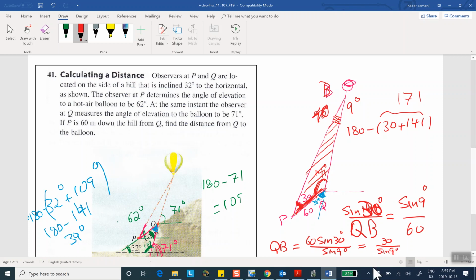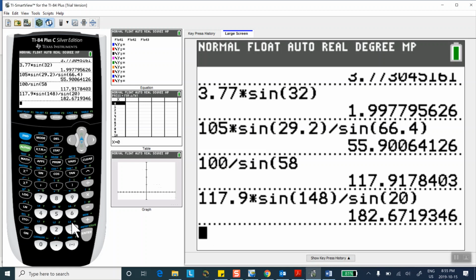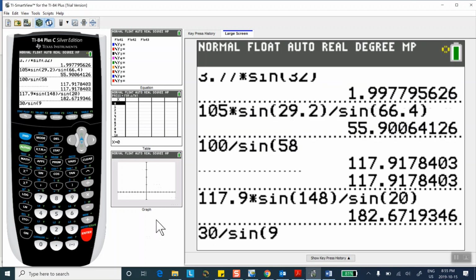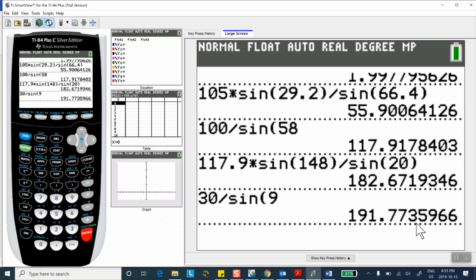So let's put it in the calculator. 30 divided by sine of 9 degrees, and you're going to get 191.77 meters.